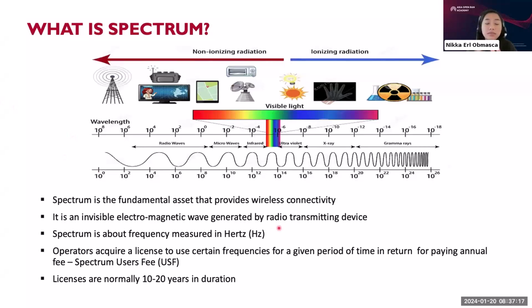The spectrum is measured in hertz, and operators acquire a license to use certain frequencies for a given period in return for paying an annual fee, a spectrum user fee, and the licenses are normally 10 to 20 years in duration. So this is not free. There's an agency that assigns what frequency each unit uses. Okay, now let's move forward.